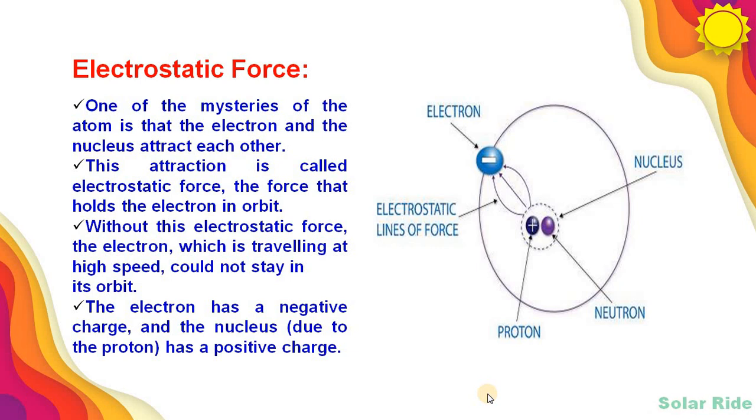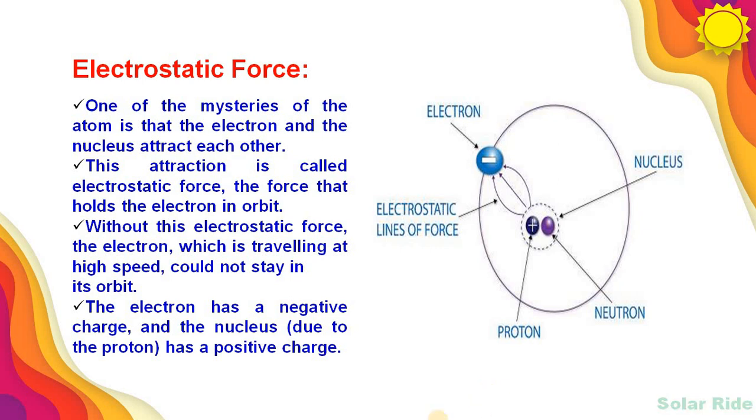The next fundamental basic is electrostatic force. One of the mysteries of the atom is that the electron and the nucleus attract each other. The attraction is called electrostatic force. What I explained in the previous slide, that force is called electrostatic force. Without this electrostatic force, the electron, which is traveling at high speed, could not stay in its orbit.